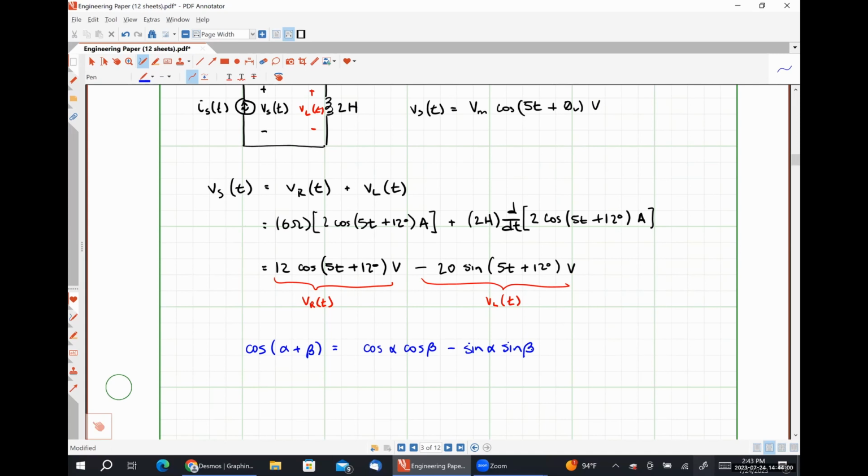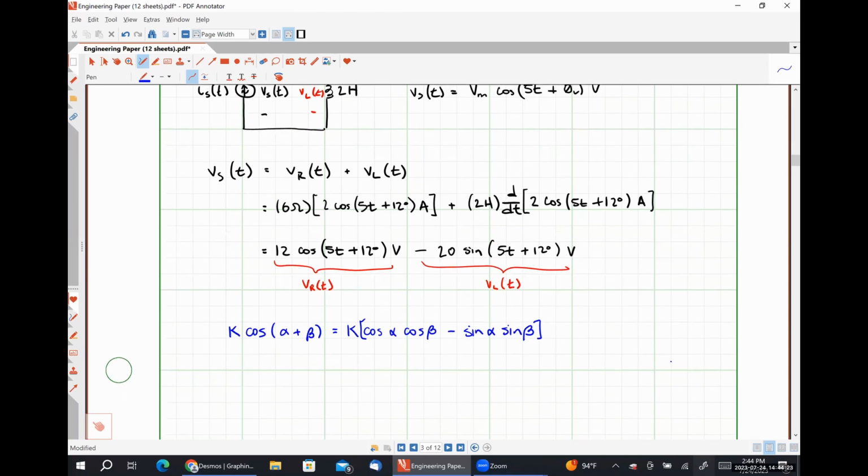I'm going to make one small change here. If we multiply cosine of alpha plus beta by some arbitrary constant k, we should multiply the right-hand side of the equal sign by that same arbitrary constant k.